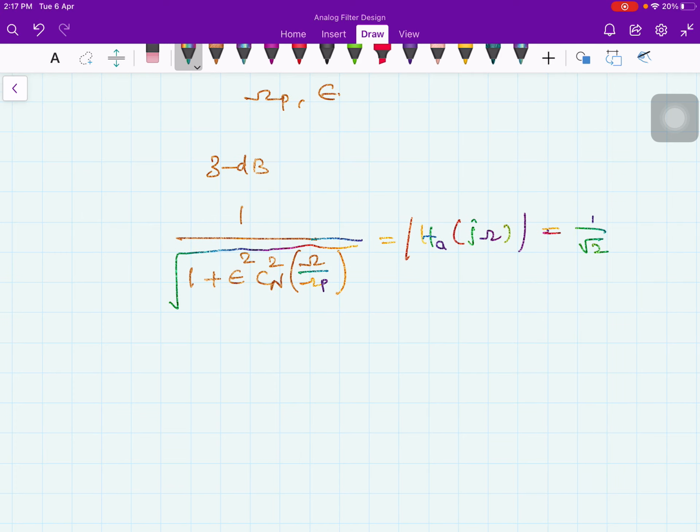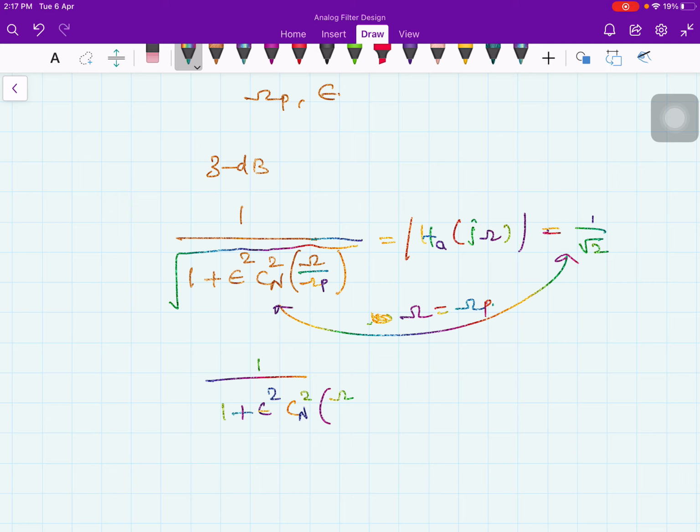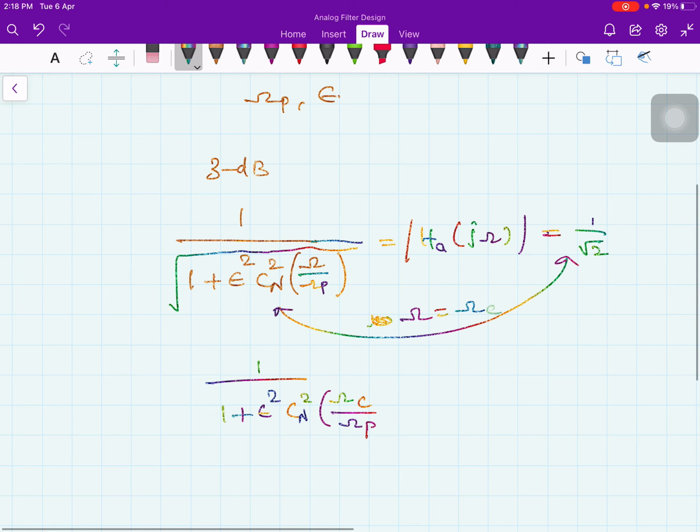You square it on both sides, then it is 1 divided by 1 plus epsilon squared Cn squared of omega, and this condition happens when omega is equal to omega p. Therefore in the numerator I put omega p, in the denominator also, no, not cutoff frequency, I am very sorry. This is the cutoff frequency, so omega c divided by omega p.